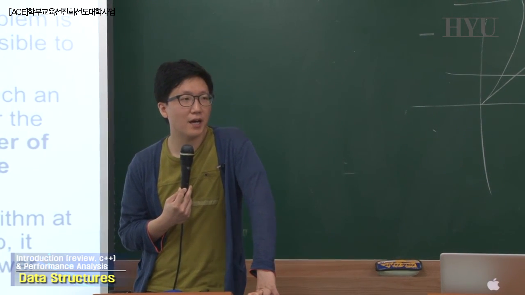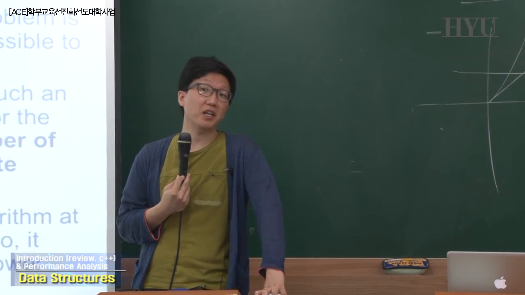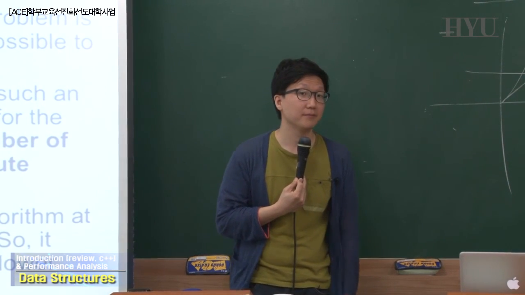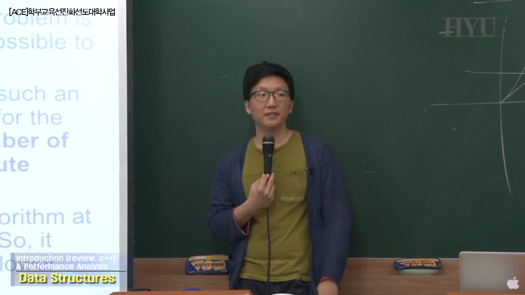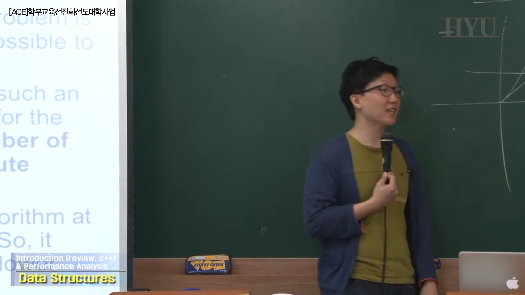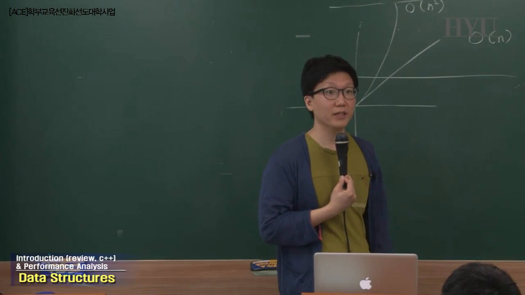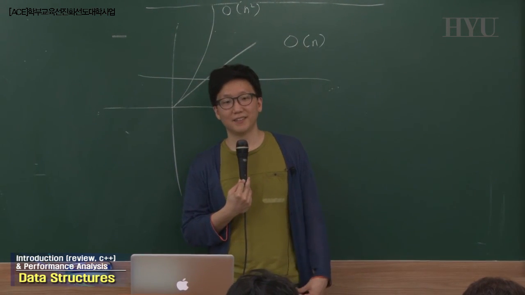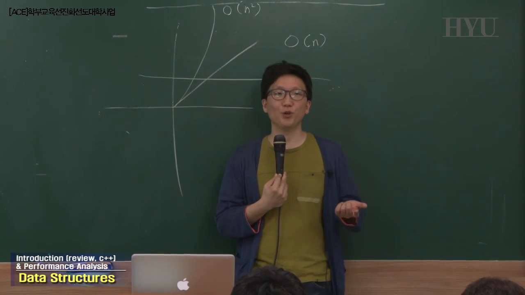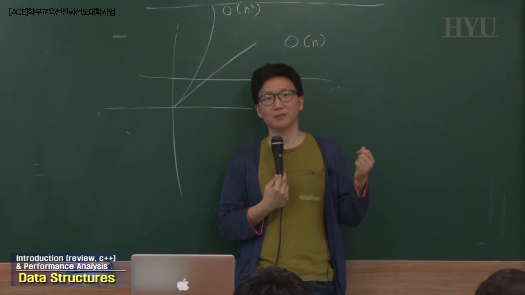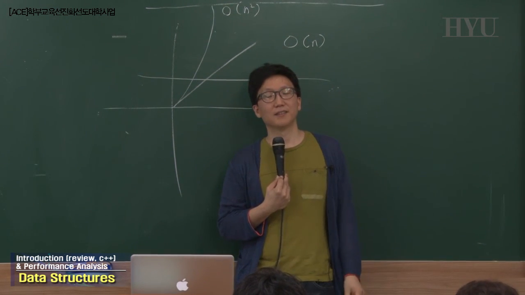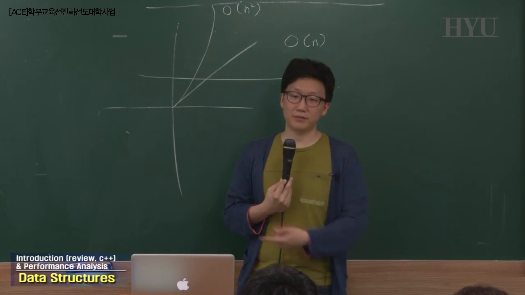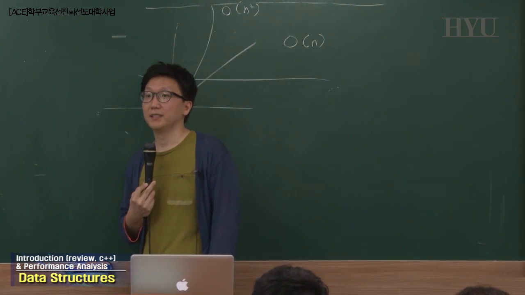For example, assume all the sorting algorithms are order n squared, and someone raises their hand: I can design a sorting algorithm of order constant. How do you know whether that is possible or not? That is the job of the lower bound.